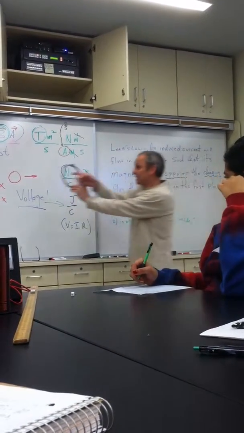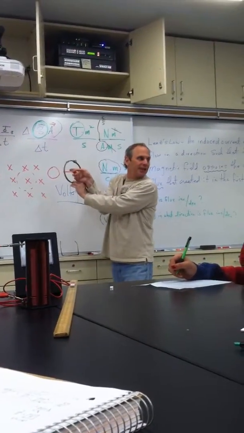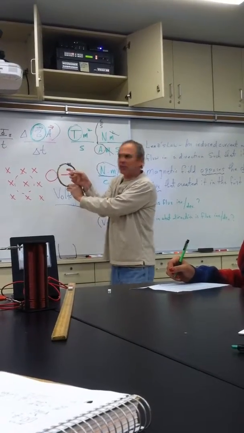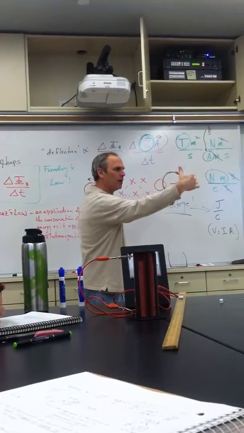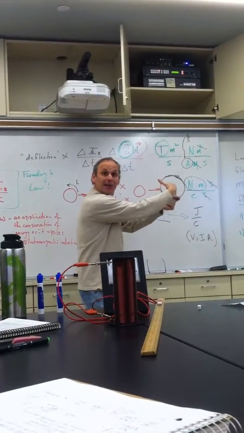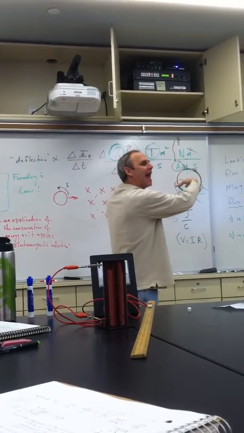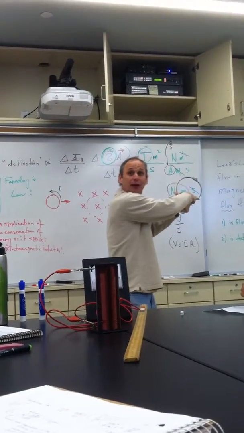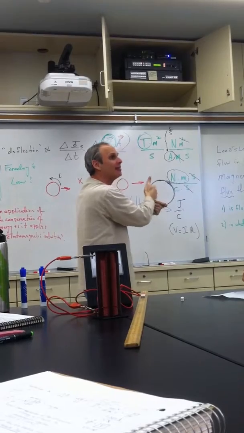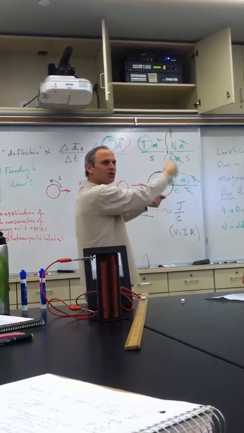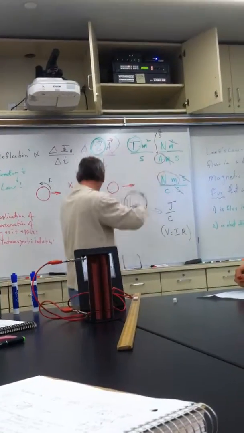It's still in this direction, but now it's decreasing in that direction, isn't it? Lenz's law says we want to oppose that decrease, don't we? We want those magnetic field lines back. We want to oppose the decrease by adding flux through the loop in that direction. You see that? So now I grasp it, and now it's going to go that way. It's changed directions. Now it's going to go this way.